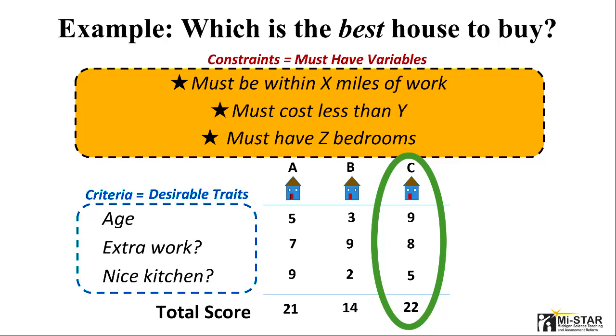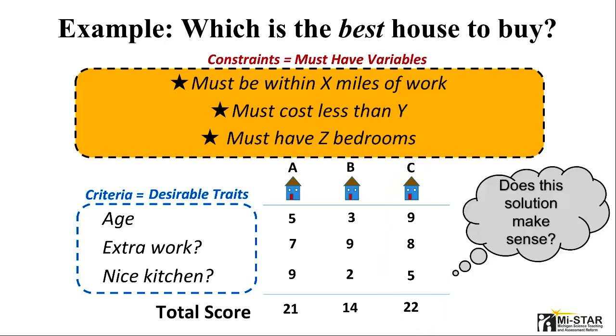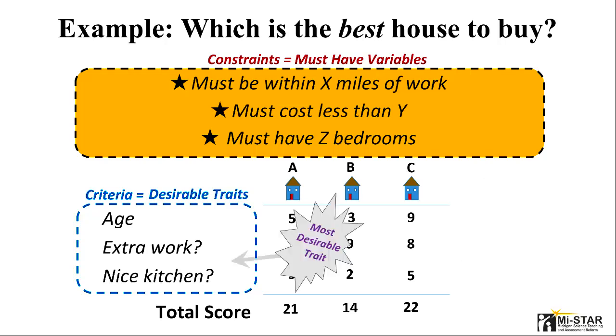At this point, it is always good to pause and critically reflect on the decision and the process. Some questions to ask are, is this really the best solution? Are the constraints and criteria clearly defined? Are all of these criteria equally important to us? Maybe at this point we decided that a nice kitchen is twice as important to us as the other criteria.